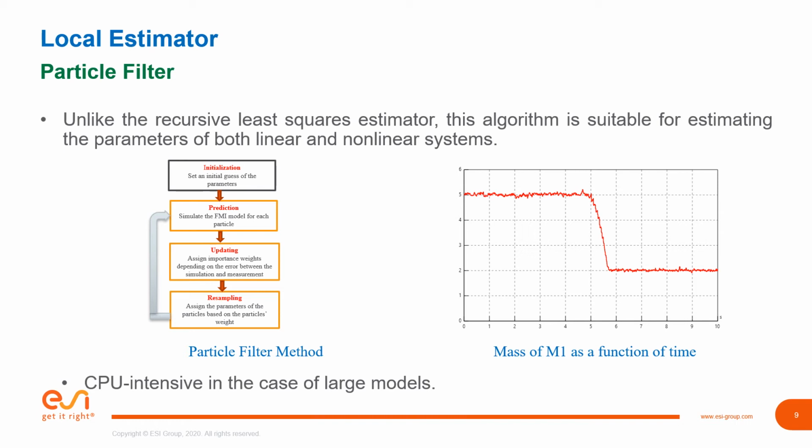So we can see here, although we have a lot of ripples in the output, the estimator managed to find the right value of the mass. The main drawback of this method is that it's time consuming, especially for large models, and that can limit this method for online applications.